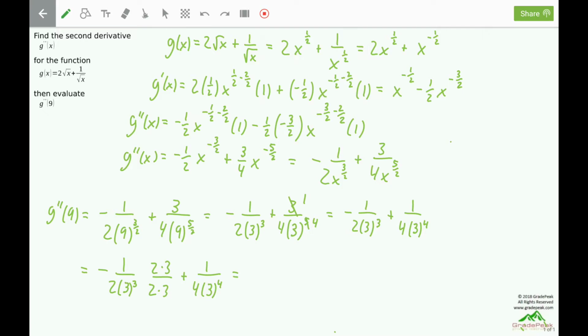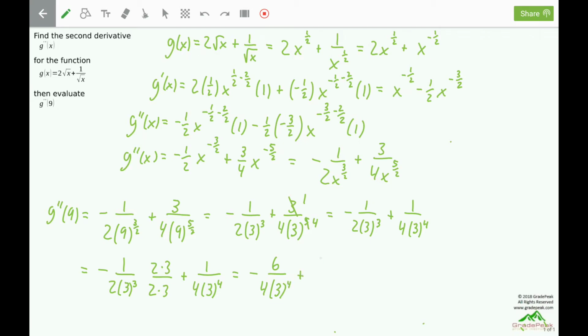Now for this first term, the numerator will be the multiplication of these, 1 times 2 times 3, and then the negative. Well, 2 times 3 is a 6. And the denominator, I will just combine the 2's, multiply the 2's together, a 4, and then I have a 3 cubed and another 3, and I can just write that as 3 to the 4th. For now, we will expand that.